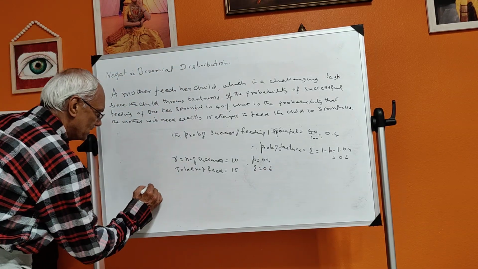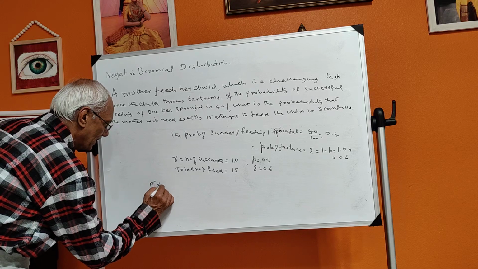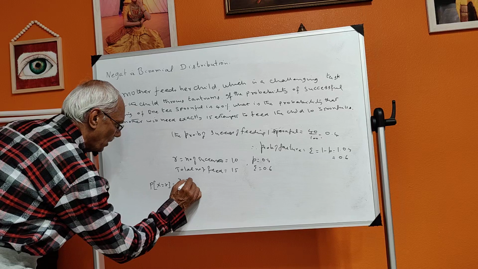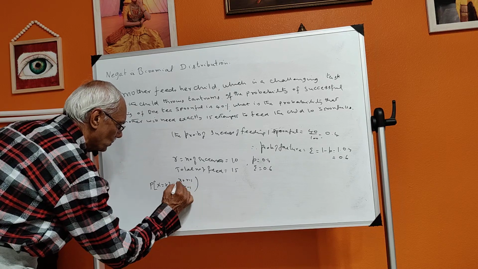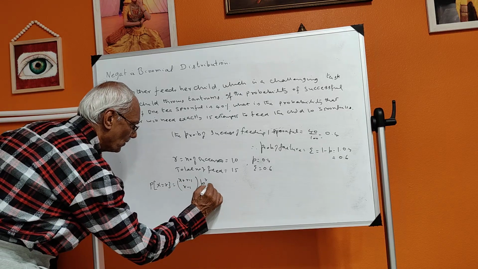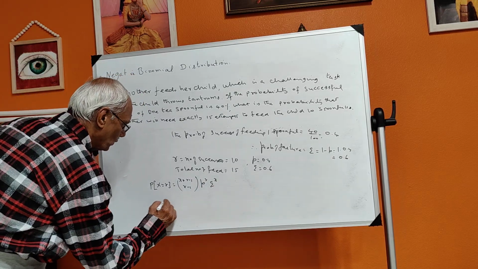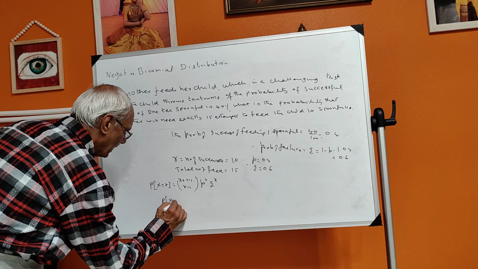Now to find the probability, P of x is equal to x plus r minus 1 choose r minus 1, times P to the power of r, times Q to the power of x. So here it will be equal to what?